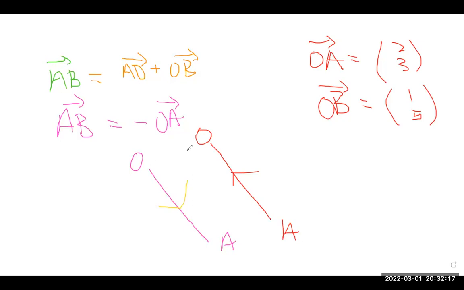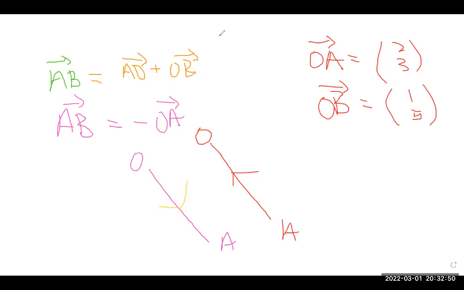So basically, the stuff in purple, wouldn't that be AO is equal to minus OA? Yeah, miss. You have AB. No, we're trying to find vector AB. So that's AO plus OB.